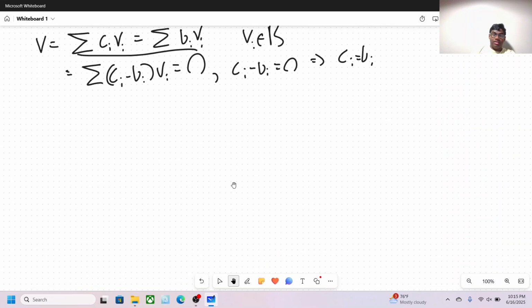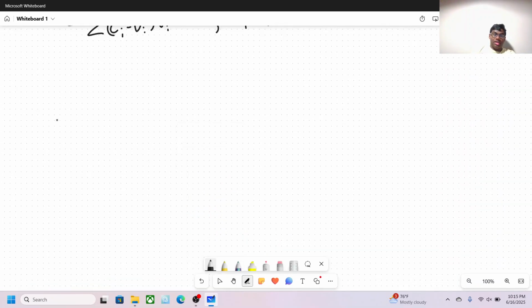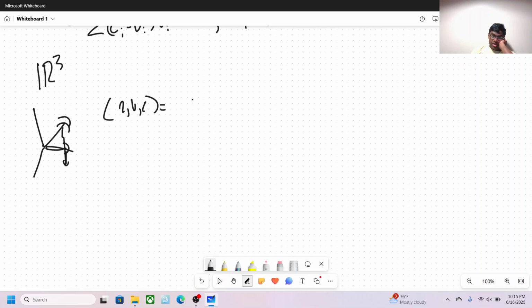And concretely, what is an example of this? Take R3. Every vector in R3 can be written as a part in the x component, a part in the y component, and a part in the z component. If we think about this in terms of coordinates, (a, b, c) can be written as a times (1, 0, 0), where a is a constant, plus b times (0, 1, 0), plus c times (0, 0, 1).